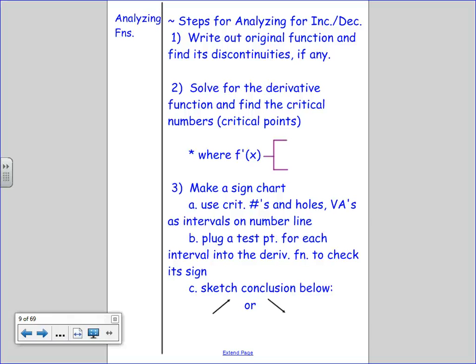Instead of finding critical numbers of the first derivative, I'll be finding critical numbers of the second derivative. Instead of making a sign chart for the first derivative, I'll be making a sign chart for the second derivative. Instead of plugging test points into the first, okay, you guys get the point, right? So even though I'm splitting it up because they are two separate ideas, they are still definitely linked in how to solve.